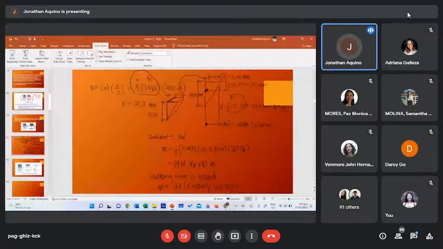So the moment capacity is 898.95 kilonewton-meters. This is the moment capacity considering steel, and this is the moment capacity considering concrete. So what does it mean?